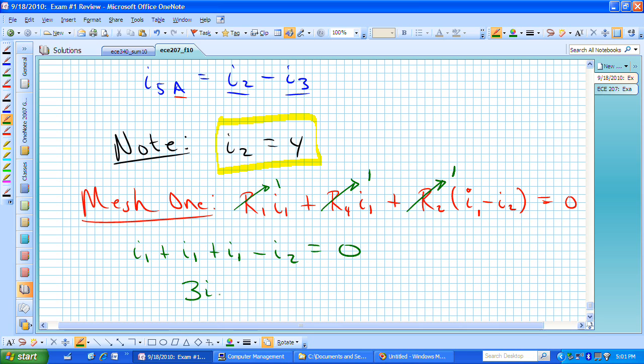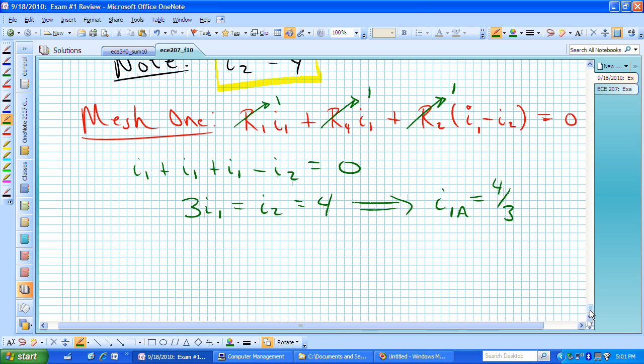Or we now have 3 I1 equaling I2, but I2 we just found to be 4, and so maybe I should denote this as, only due to the current source being present, I sub 1a is then 4 over 3, or 1 1/3 amps. We don't necessarily need I sub 1, but it was a good exercise to find.